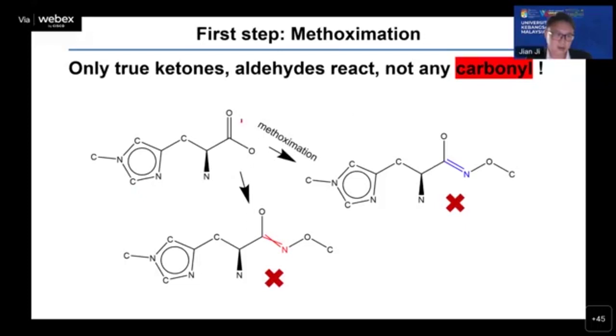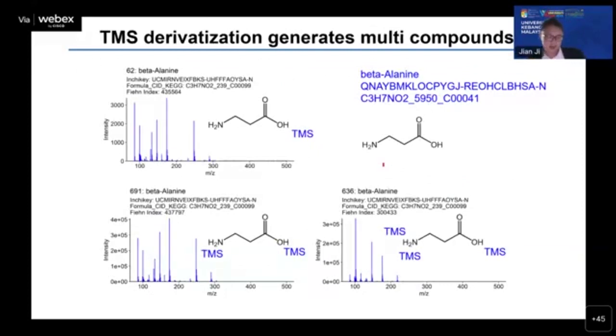Somebody might say that the ketone here or the aldehyde here will be methoximated to different forms. Actually it's not, because they are carboxyl groups, so they will not react. Only the ketones and aldehydes will react. So one compound will generate two or more different isomers.